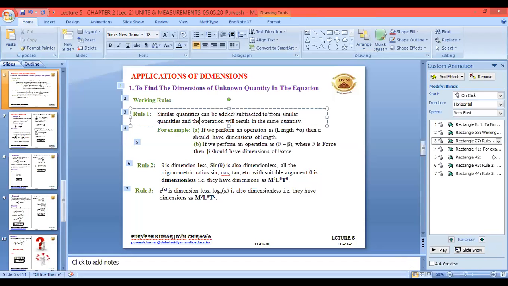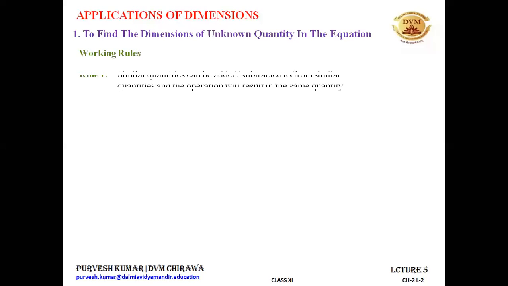You have to know this. When I say that similar quantities can be added to similar quantities, or similar quantities can be subtracted from similar quantities, the operation of addition and subtraction will result in the same quantity. For example, you can add velocity to velocity. You cannot add force to velocity. Is it possible to add force to velocity?